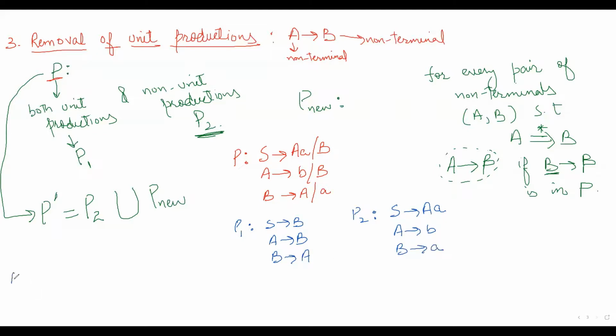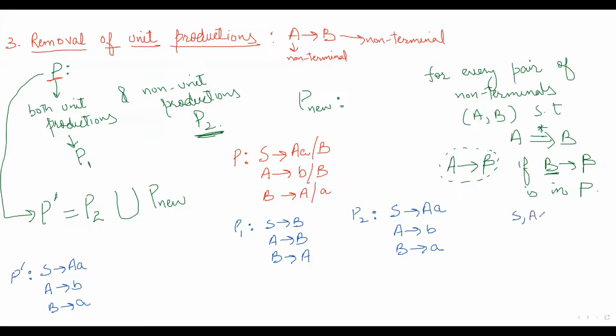So what will be our P dash? This P dash will contain P2, which means S gives AA, A gives b, B gives a, and P new. So what is P new? For every pair of non-terminals, how many non-terminals are there?